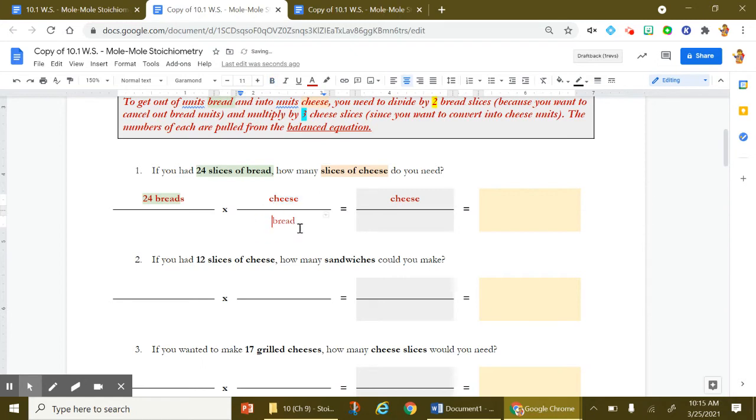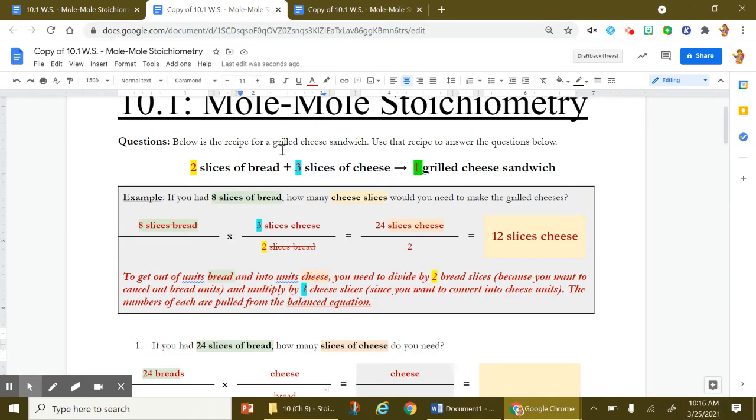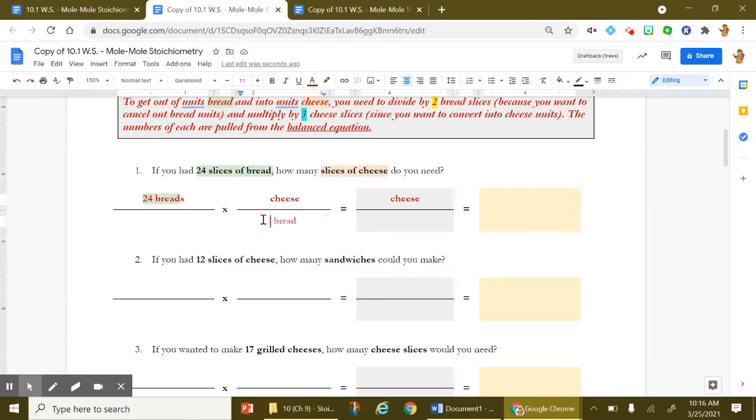Now, the question is, what numbers go in front? Because, of course, with dimensional analysis, you got to actually put some numbers in here. Well, this is where we look to the recipe, all right? And we see that for every 2 slices of bread, we need 3 slices of cheese. So we're going to put those numbers in here. 2 slices of bread for every 3 slices of cheese.